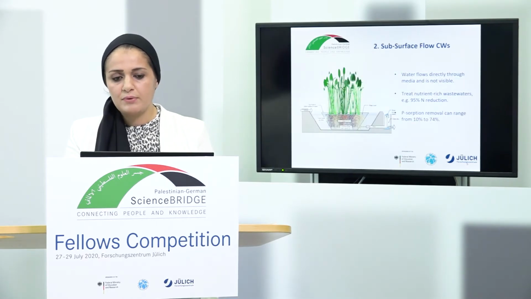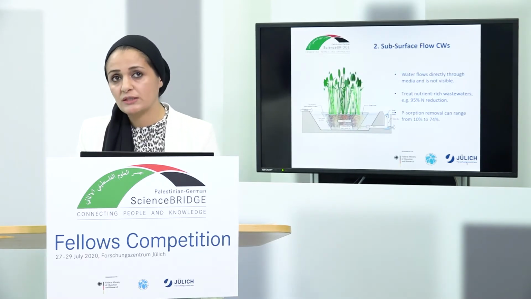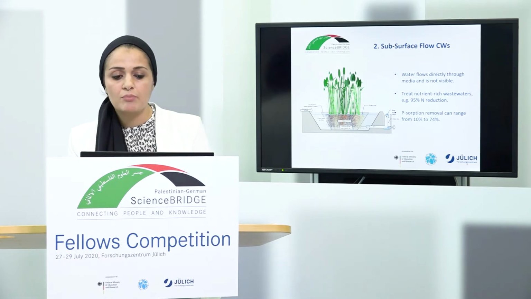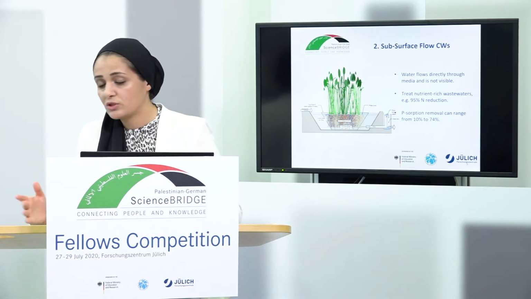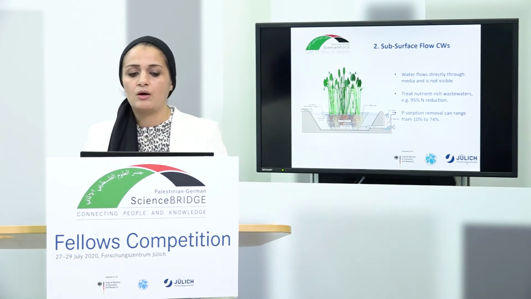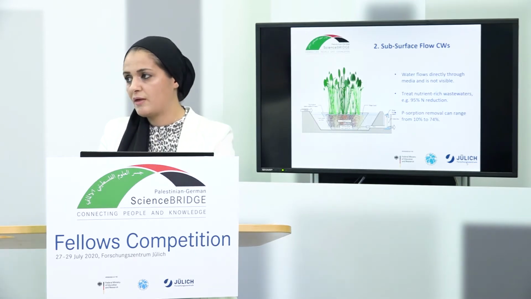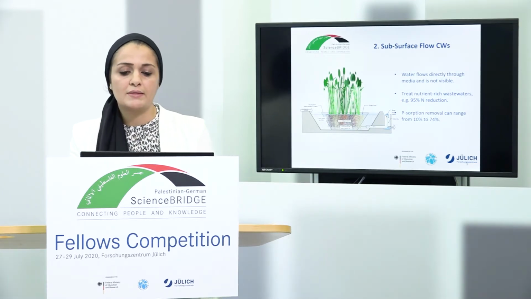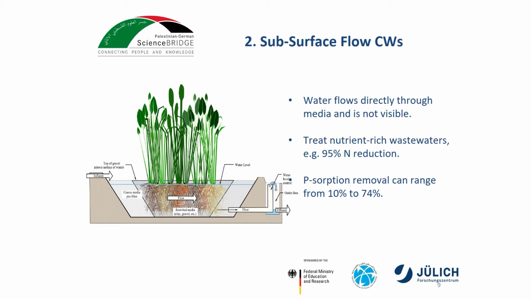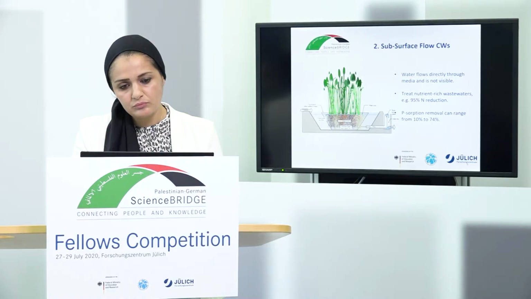The other type is the subsurface flow constructed wetland, and in this type we don't see the water; it passes within the media under the plants. This type is also used to treat nutrient-rich wastewater, and it also has very high nitrogen reduction and phosphorus reduction.